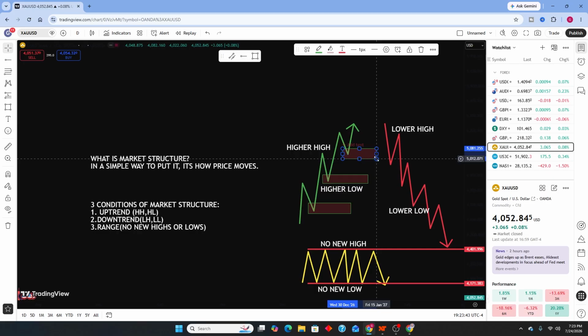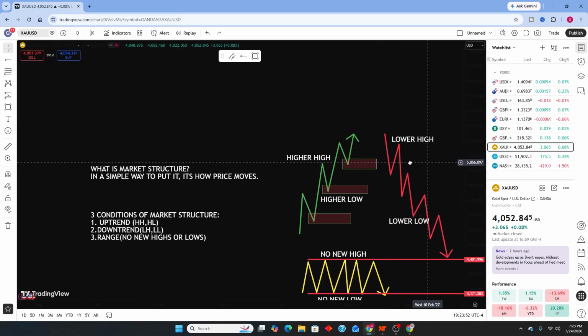Now imagine the market is making lower highs and lower lows. That's a downtrend. Instead of buying at support, look for lower highs.